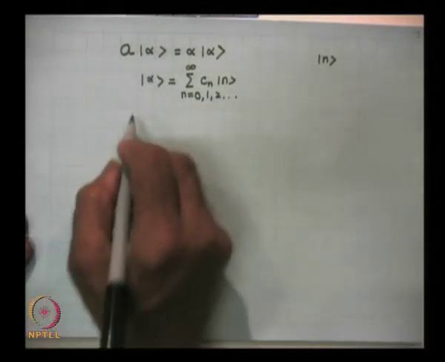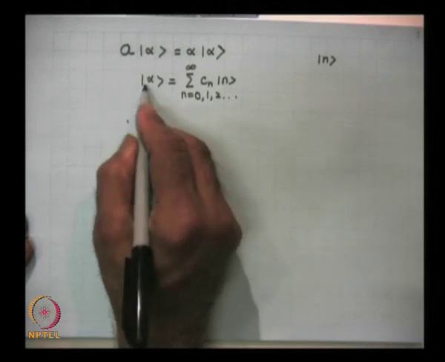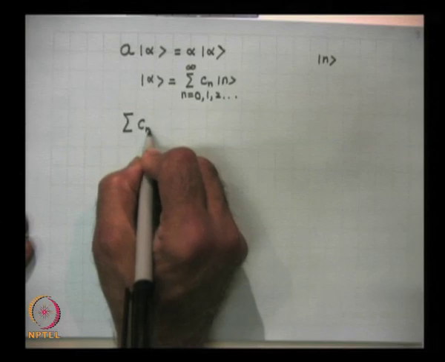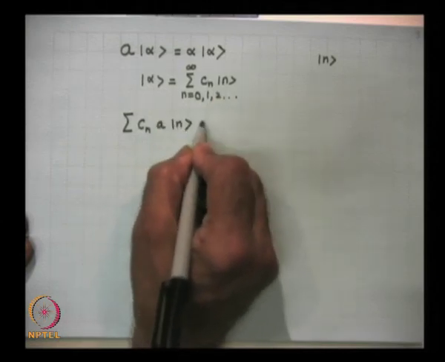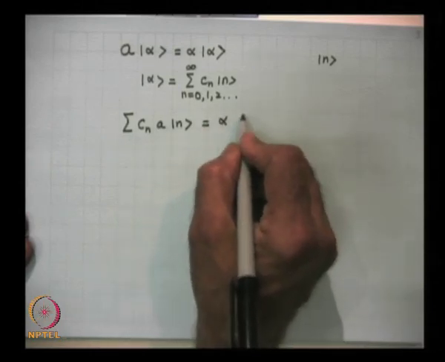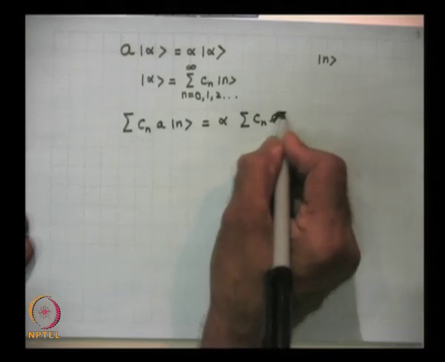So, let me substitute it there, and so we get A operating on ket alpha is summation C n A ket n is equal to alpha, where alpha here is a number, summation C n ket n.